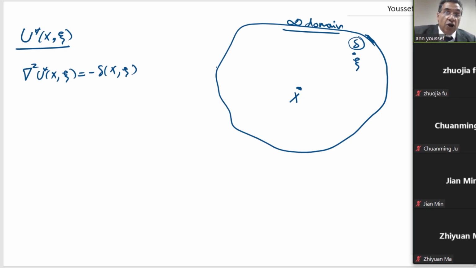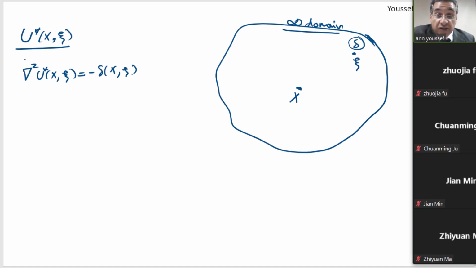But here we have a continuous domain. So the extension of the Kronecker delta is the Dirac delta, because we have a continuous area. So we put a unit pulse in an infinite domain, no boundary condition, nothing, and we compute the effect here.